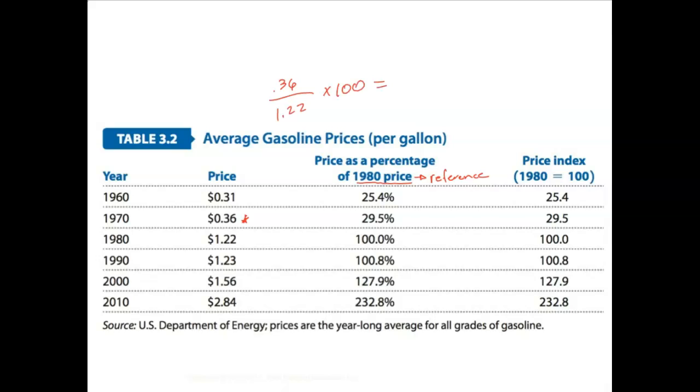If you pop that in your calculator, you should get 29.5. And then when we write numbers as indices, we don't write a percentage sign, even though they technically are percentages, okay?